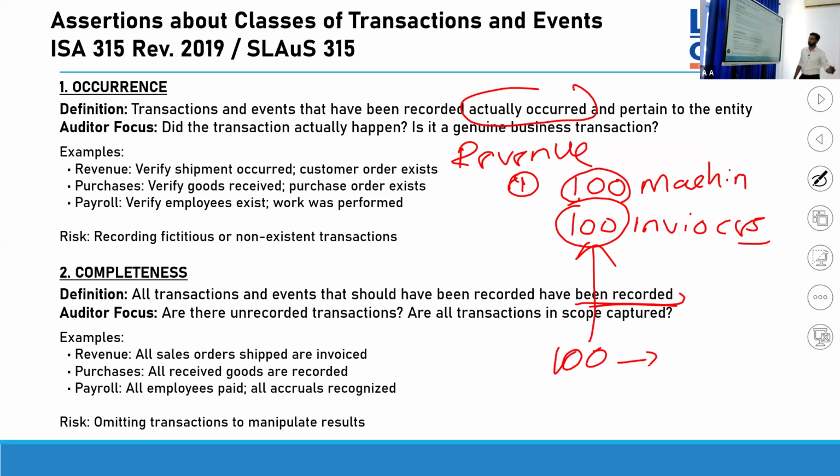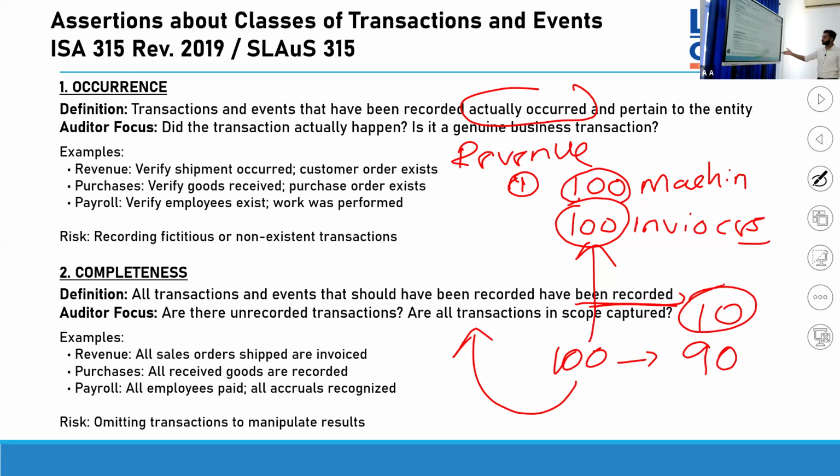You must record all those 100 invoices in your financial statement. Let's say you recorded only 90 invoices and you omitted 10 invoices without recording. Does that represent completeness?